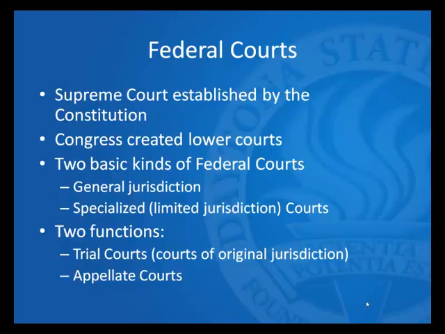Well, the federal courts were established by the Constitution. There's actually a section in the Constitution that calls for the establishment of a federal judiciary. And it gives Congress the right to create lower courts, which they have. They have created basically two kinds of courts. One is called general jurisdiction courts.